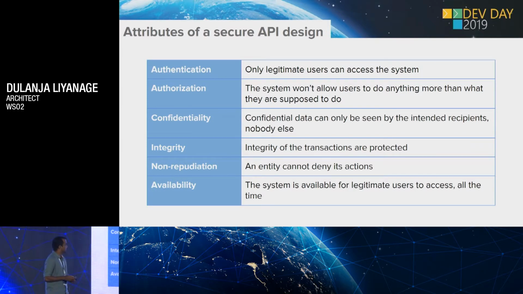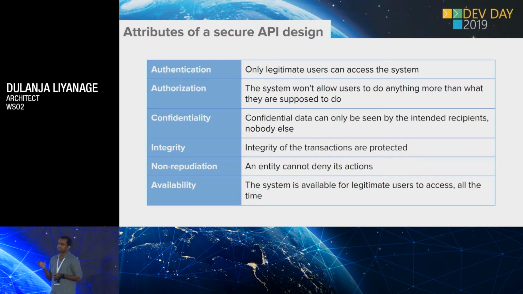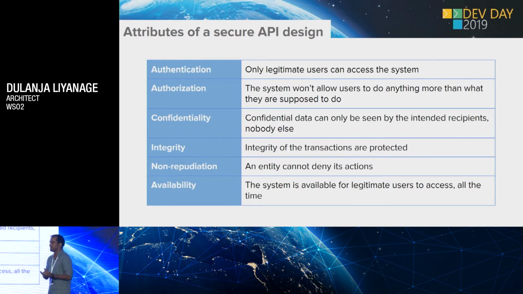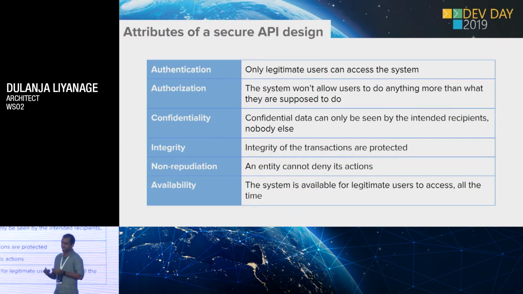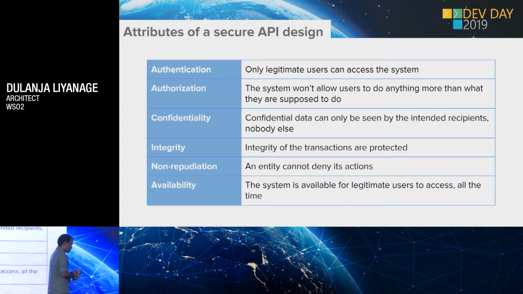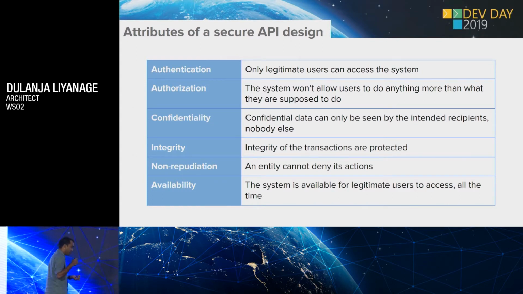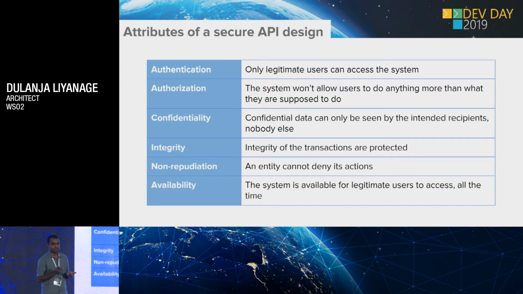Then confidentiality means the sensitive data can be viewed only by the authorized parties, no one else. Then integrity: within a transaction, or when a message is getting passed, if something got changed, the system should be able to immediately identify that change and reject that request. That is integrity. Confidentiality especially you have to check during transit, when transmitting, as well as at rest.